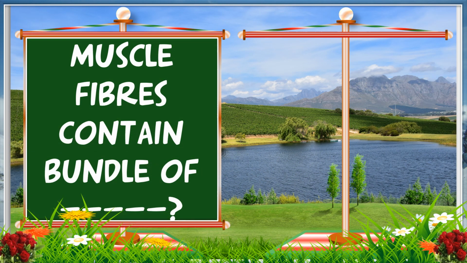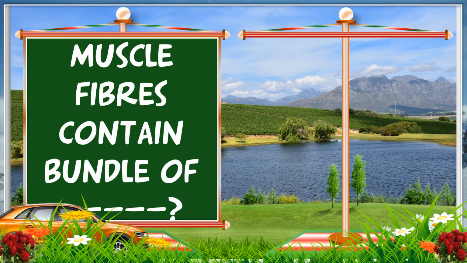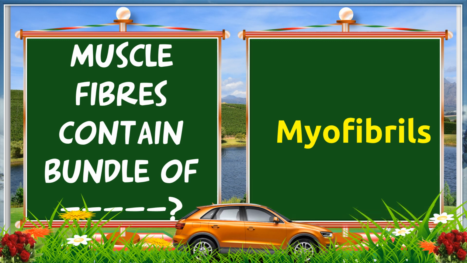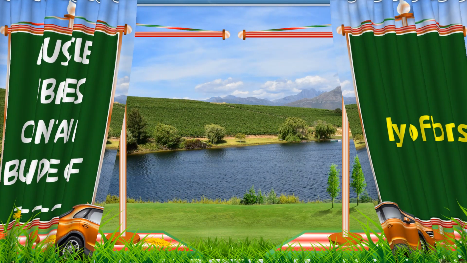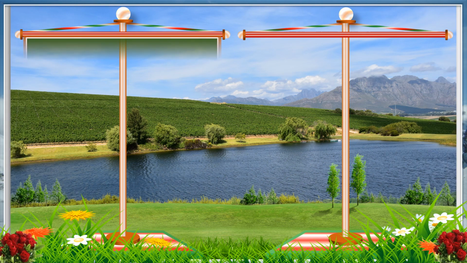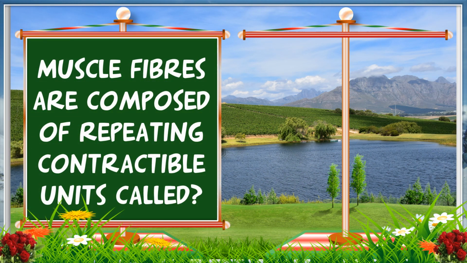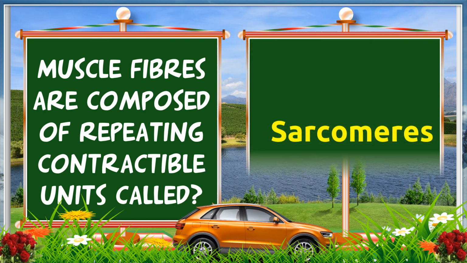Muscle fibers containing bundle of dash. Myofibrils. Muscle fibers are composed of repeating contractible units called sarcomeres.